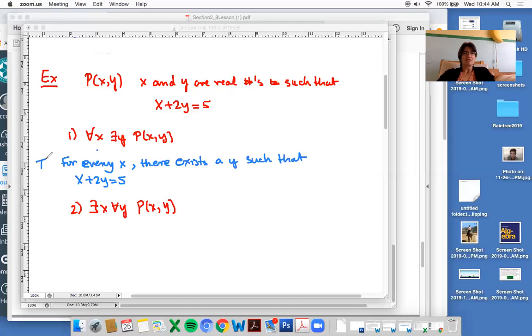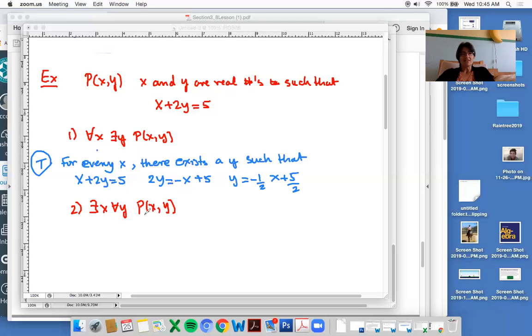This is a true statement because for every value of x that I pick, I can find a value of y that makes that true. In fact, you just solve for y. 2y equals negative x plus 5, so y equals negative 1/2 x plus 5/2, which is a straight line. So for every real number x, I can find the y value that makes that equation true. So this is a true statement.